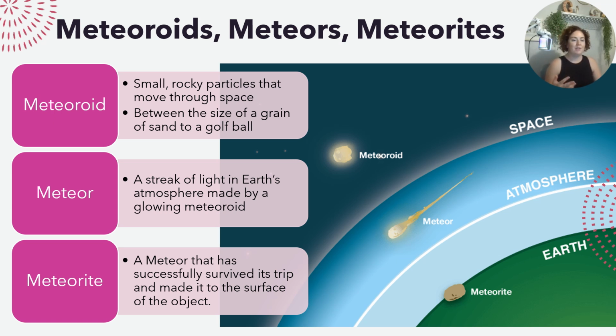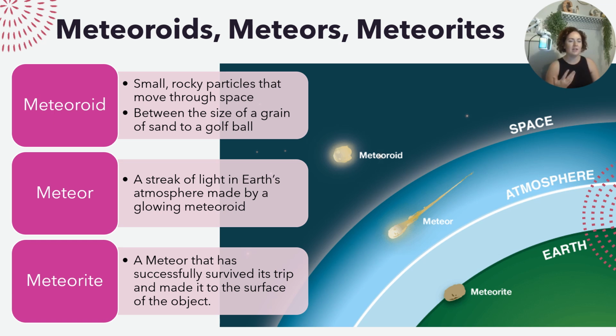Okay, meteors and meteorites aren't just found here on Earth. The moon has craters because of all these meteoroids that it pulls in through its gravitational pull, burns up in its minimal atmosphere, and has crashed onto the actual surface itself. So these can happen on any planet, on any satellite, whatever.